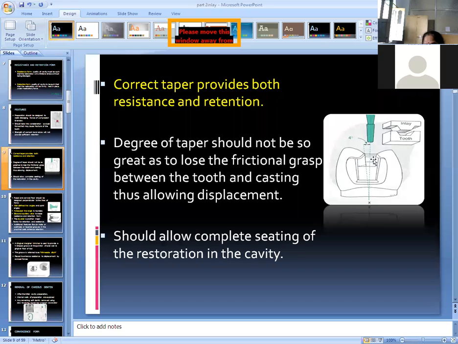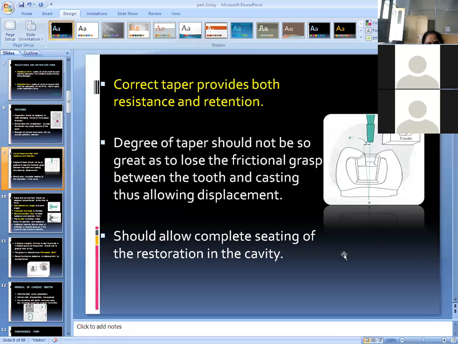Is it clear? Frictional grasp means proper adaptation between the restoration and tooth structure. This allows the proper setting of the restoration in the cavity. So the first important point is the correct taper.